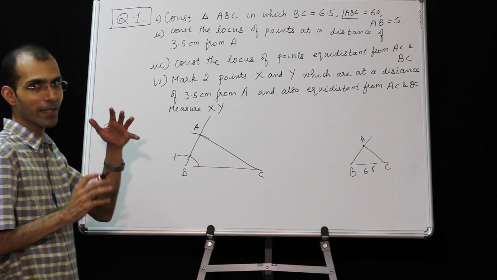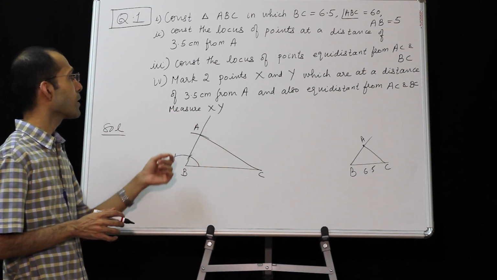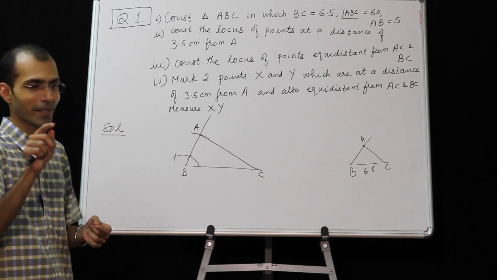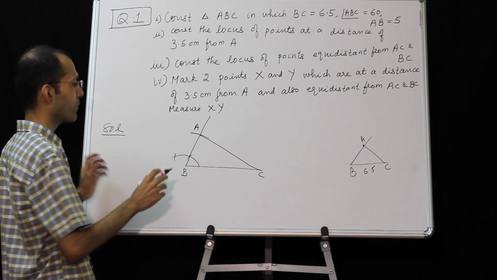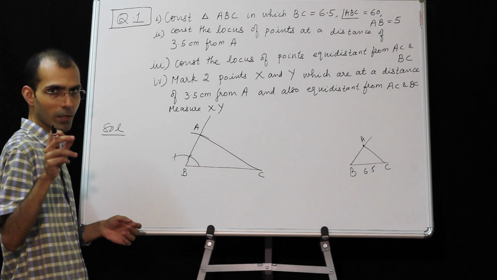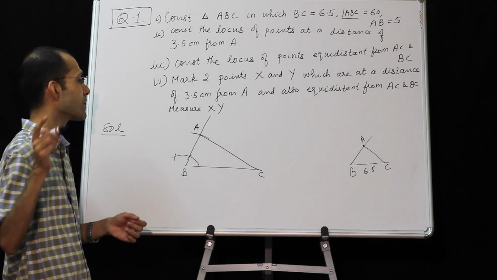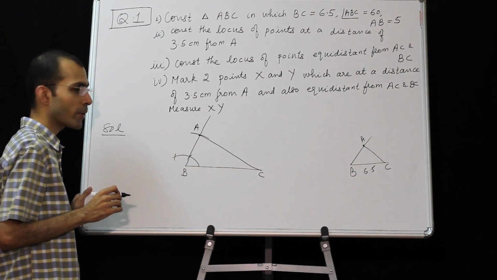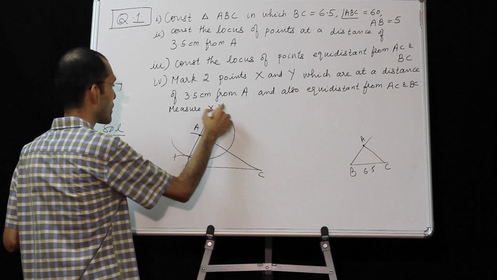So it is concept 3 what has been taught to you. Locus of a point equidistant from a fixed point. So take 3.5 on a compass. So what the locus will be? It will be a circle. So with A as the center, take 3.5 and trace out a circle.